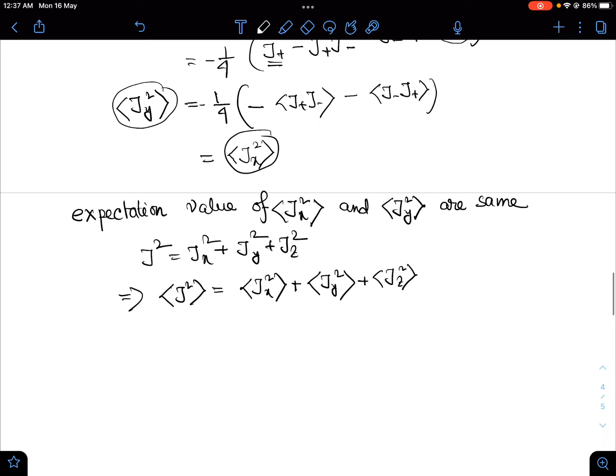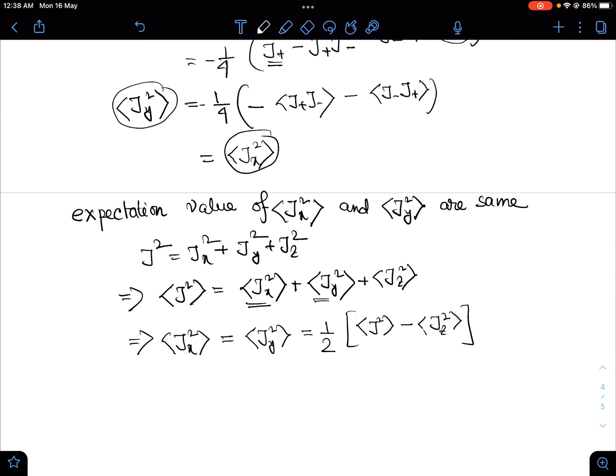Now since the expectation values of Jx squared and Jy squared are the same, we can write the Jx squared expectation value equal to the Jy squared expectation value to be half of the J squared expectation value minus the Jz squared expectation value.